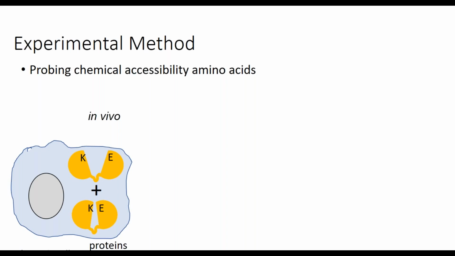So the idea is that we are going to measure, for a certain protein, the proportion between the conformation that is accessible and the conformation that is not accessible, looking at a particular site. So first we label in vivo, and therefore the sites that are accessible will be labeled, and the ones that are not accessible will not be labeled.